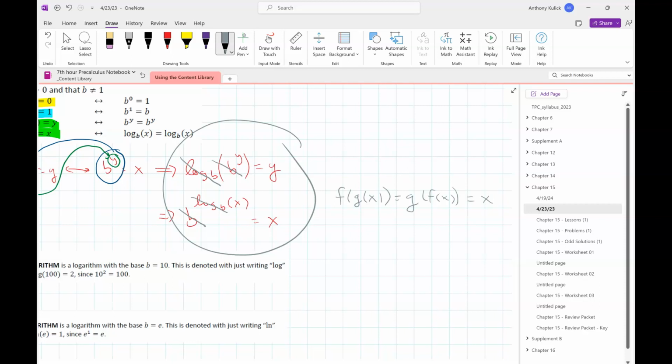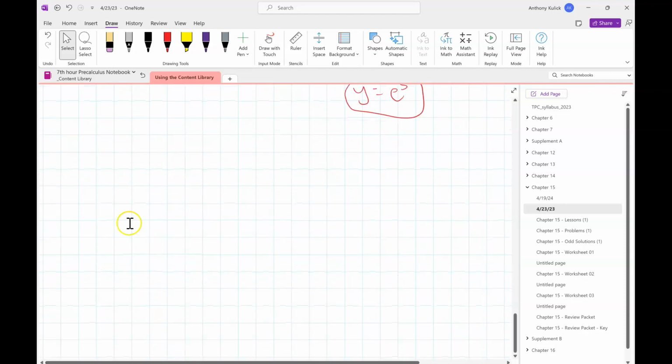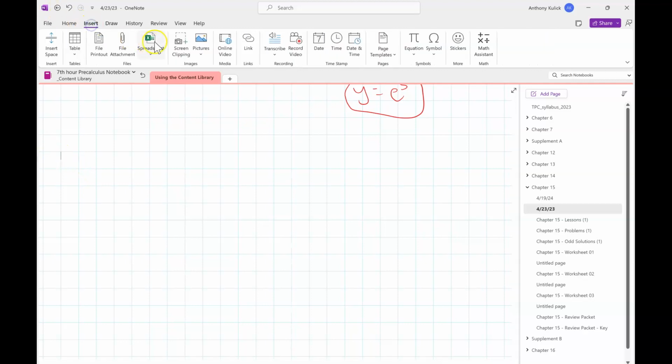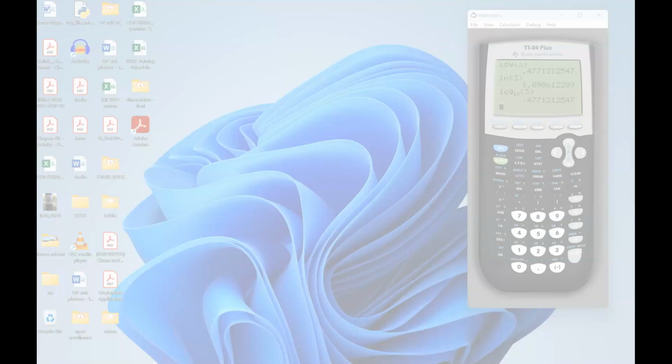What is that the statement for? It's that those two functions are inverses of one another. So, since they are inverses of one another, that means that every property for exponents has a corresponding property for logarithms, and vice versa.